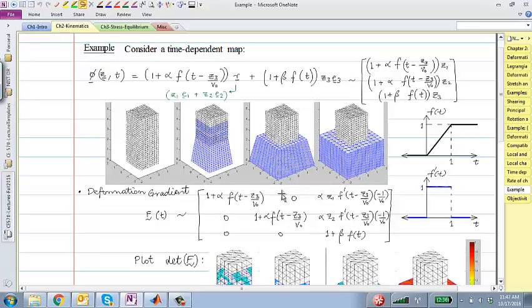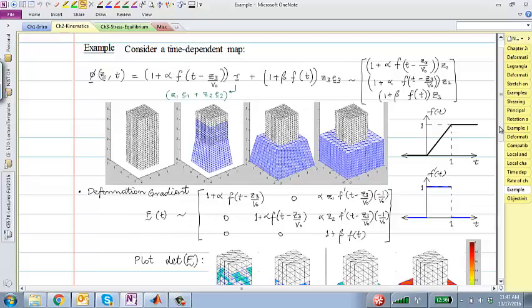There is no z2, so we get 0. With respect to z3, there is this term: alpha z1 times the time derivative of f. Just applying the chain rule, and then 1 over v0 is the factor up here. If we do that for the second and third rows, we get this as the time-dependent deformation gradient.